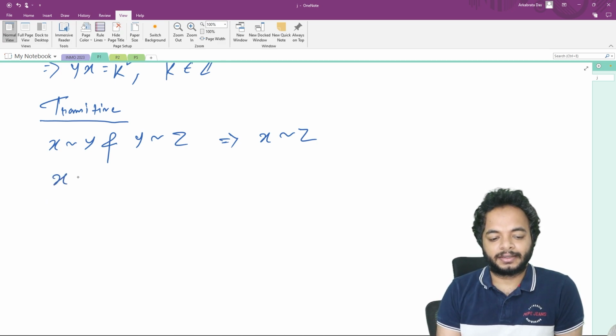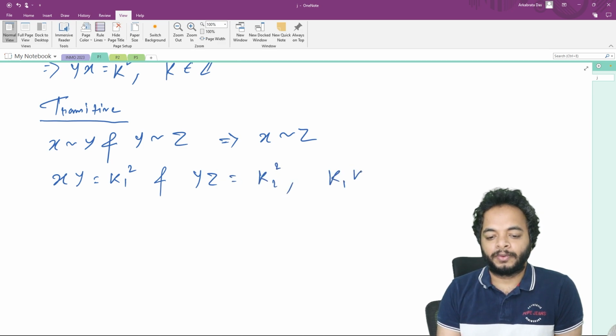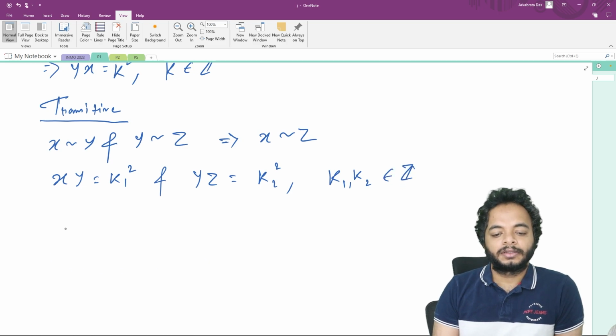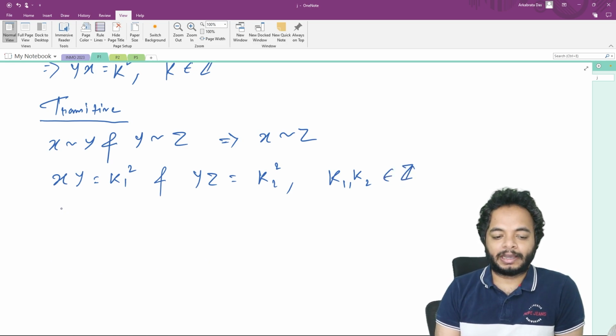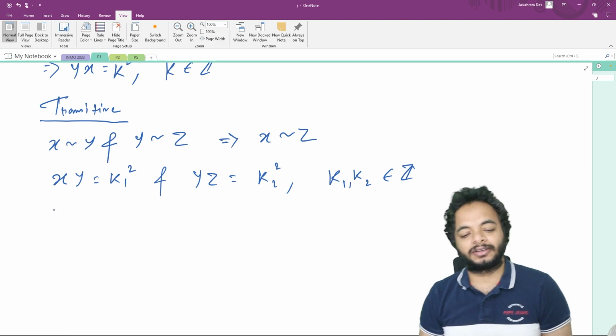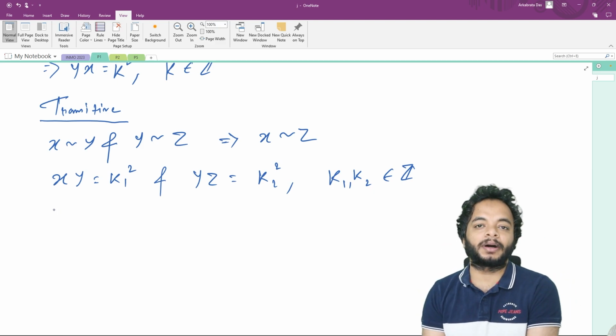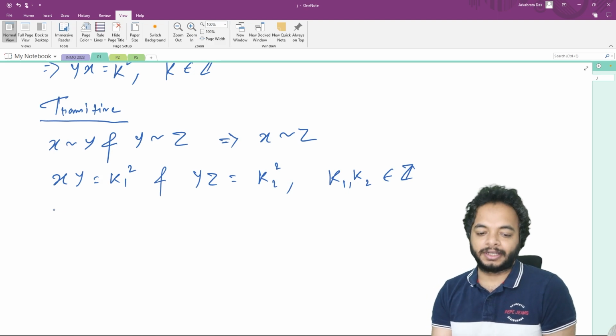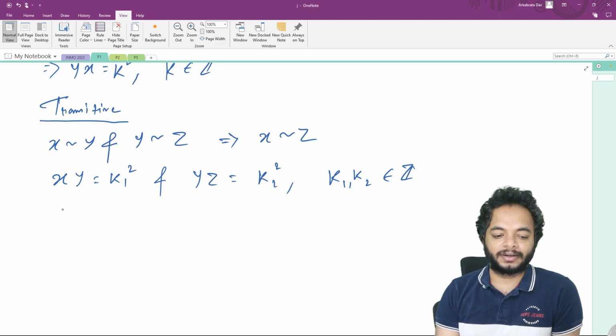Suppose xy is equal to some k1 squared, and yz is equal to some k2 squared, where k1 and k2 belong to Z. If we need to show that x and z are related, we have to show that xz is a perfect square.